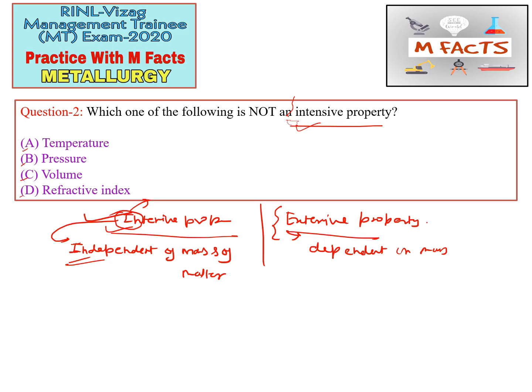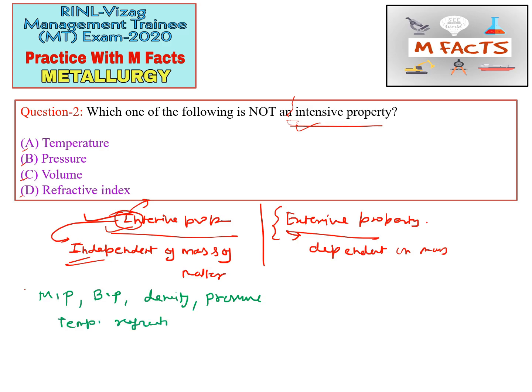The examples of intensive properties, independent of the mass, are the melting point, boiling point, and density of the material. Pressure is also independent of the mass, and so is temperature.